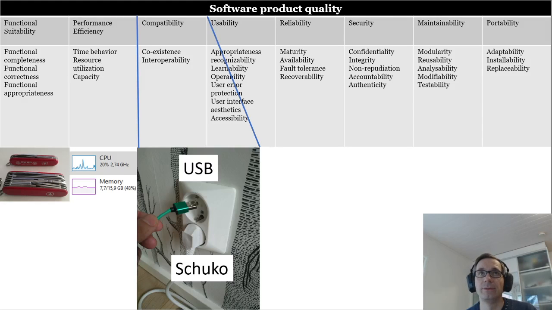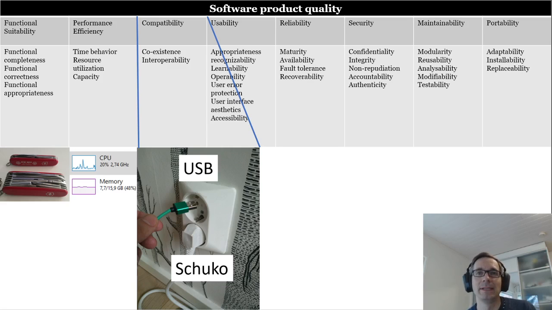Next quality attribute is compatibility. On the screen, you can see some sockets and some plugs. We can have the USB cable, which obviously does not fit to the Schuko socket.